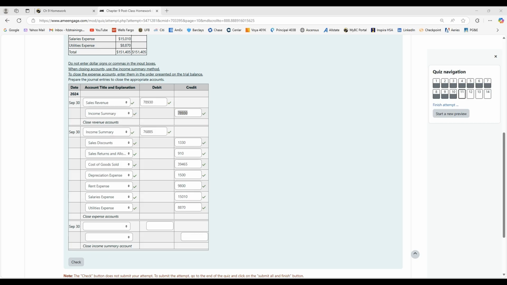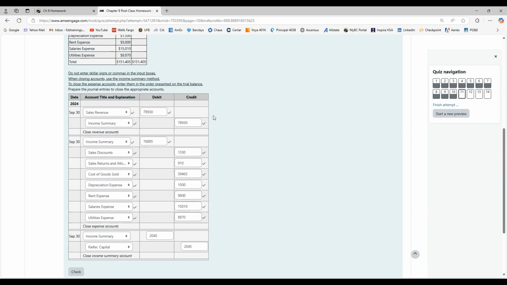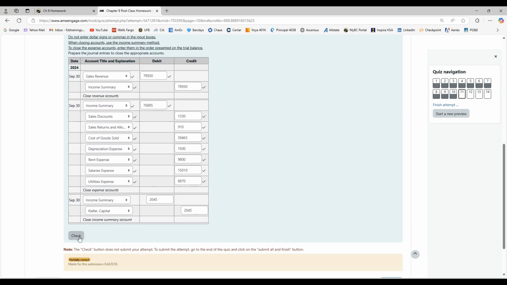And so the difference between those two is 2,045. It's lower on the debit side, so we can tell right away that we need a debit to close the income summary, and the credit is going to go to capital. And there were no dividends in this example, so revenues and expenses is all we had to close for these ones.